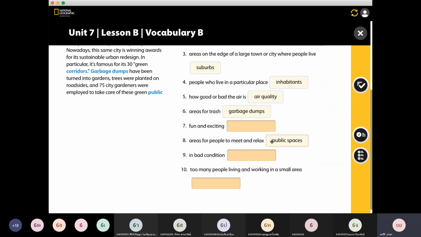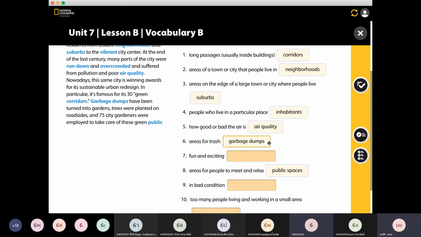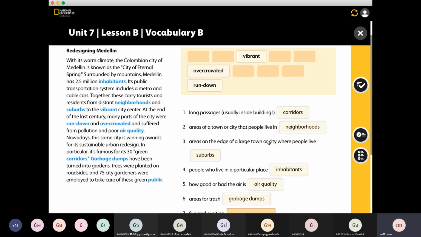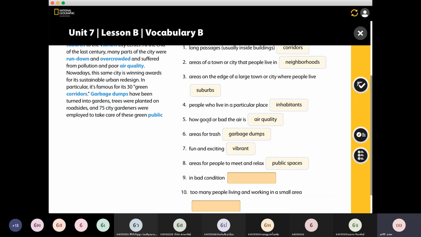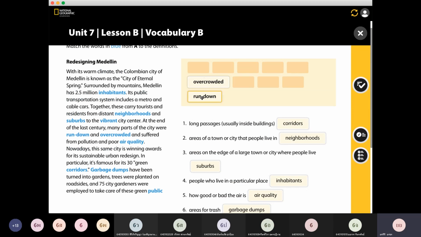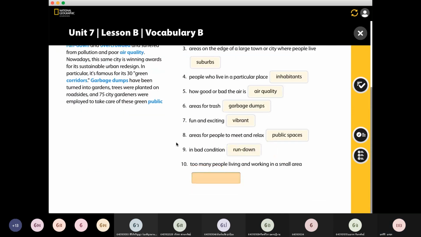Public spaces. Number 7, vibrant. Okay, fun and exciting. So you say vibrant. Number 9, run down. Okay, in bad condition. So yeah, run down.